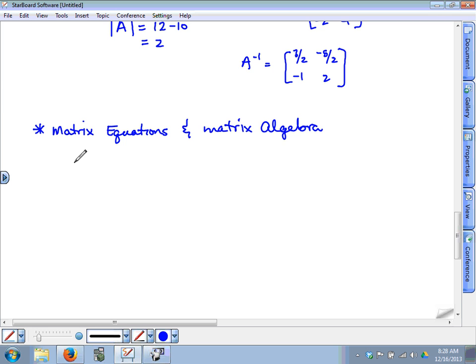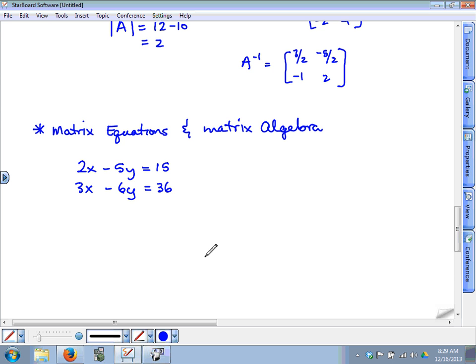So, let's see. Given the system of equations, 2x minus 5y equals 15. Second equation is 3x minus 6y equals 36.